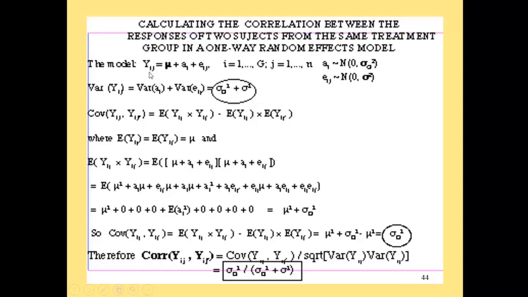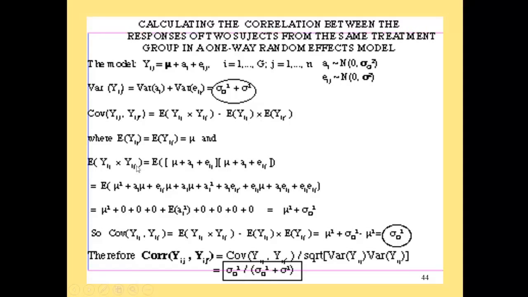Because for any observation, if you take the expected value of that observation, according to this model, it's going to be mu. Because the expected value of ai is 0 and the expected value of eij is 0. Right? You with me? So that's why these two terms are both mu in the covariance formula. All right?